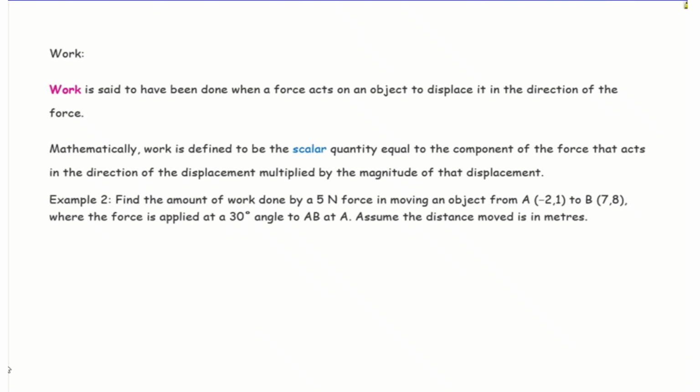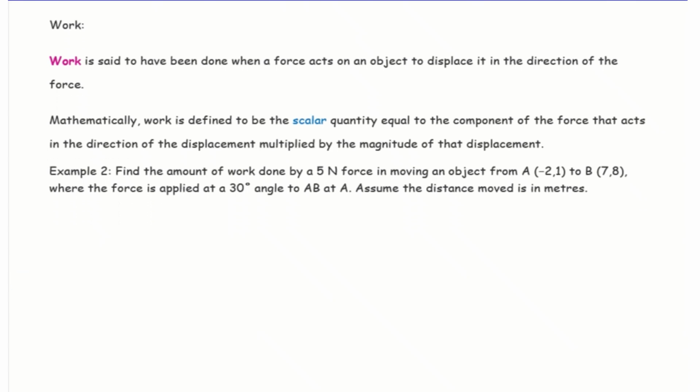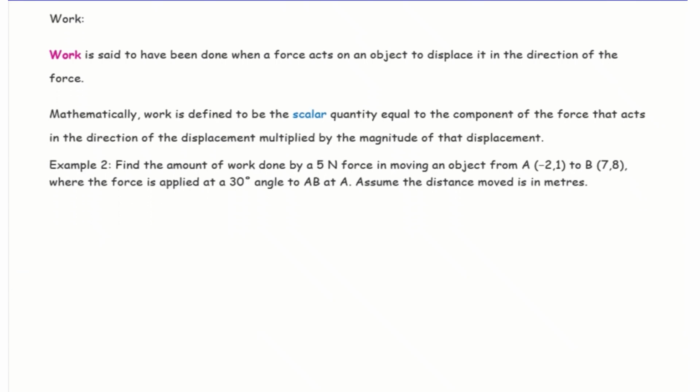So the next part is to do work again. Work has very important applications in physics, so we are going to revisit work again. This is just the force acting on an object and moving it along the force direction. The force times displacement gives us work. We have done it many times.